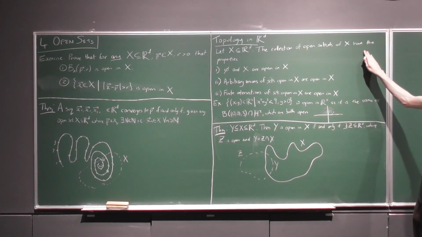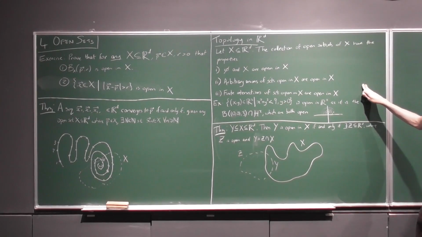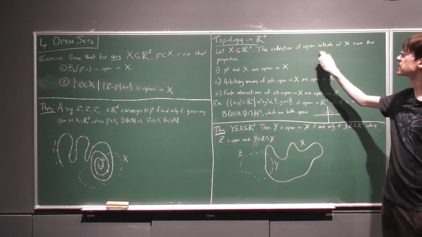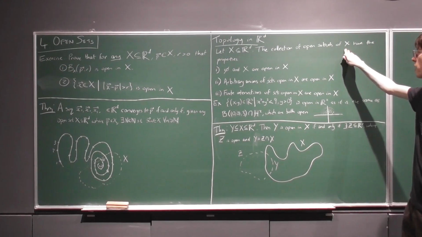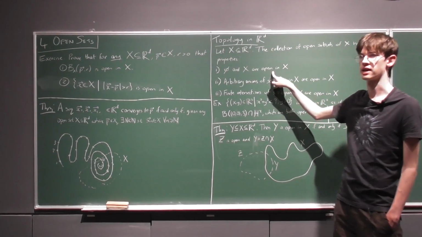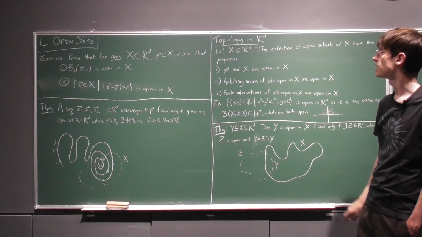Now here we can talk about the properties of sets that are open in X. So if X is any subset of Euclidean space, then the collection of open subsets of X are as such. The null set and X itself are both open in X. This is a very important one.